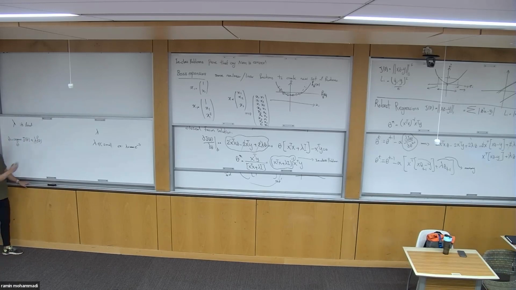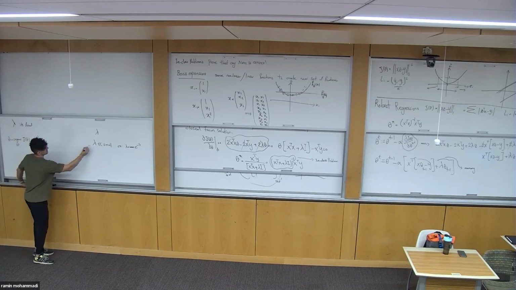That's correct. If lambda is small, no matter how large this multiplication is, it is always small, so the model will overfit. It picks a large theta because no matter how large theta is, this term is always small. So this gives you overfitting.